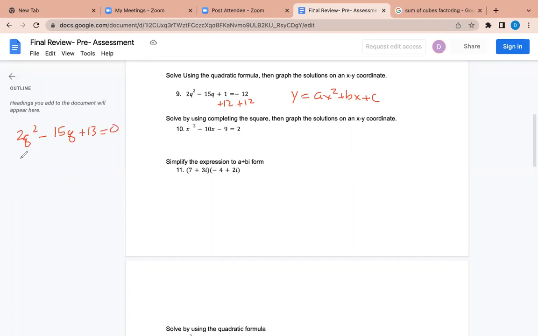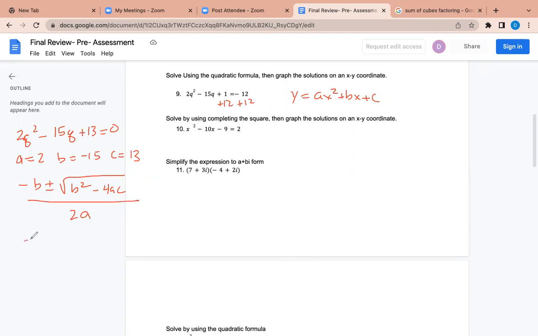First of all, the a is equal to 2, the b is equal to negative 15, and the c is equal to 13. So the quadratic formula is negative b plus or minus the square root of b squared minus 4ac all over 2a.